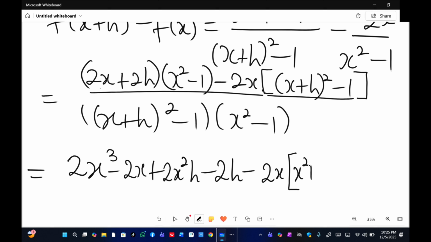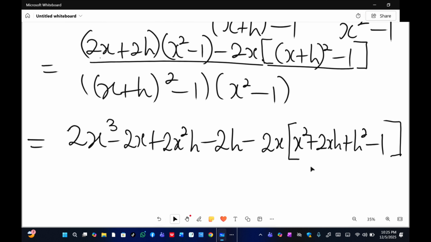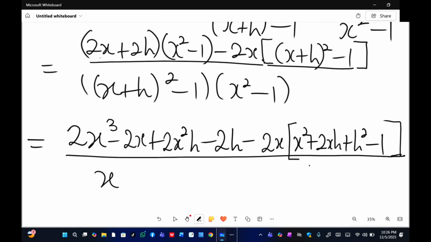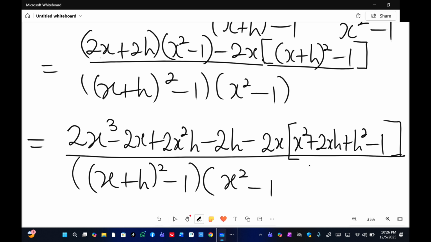So let me close it nicely. Then all will be divided by our LCM, which is x plus h in bracket squared minus 1 in another bracket, multiplying another bracket that contains x squared minus 1.